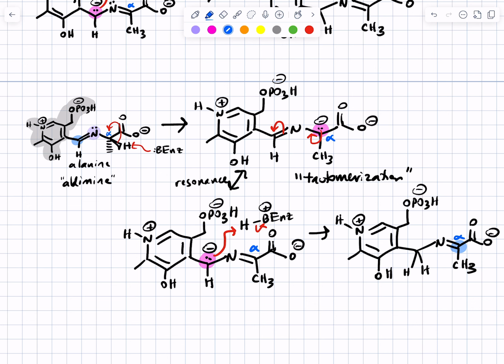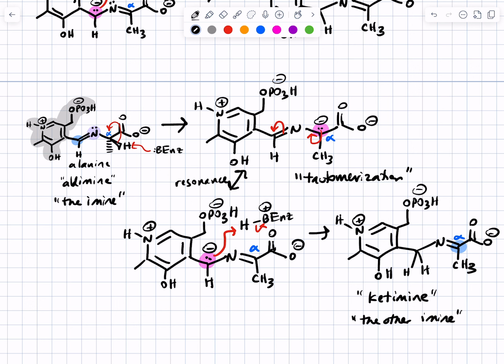So we're going to call that a ketimine, different from ketamine, the drug, because it's now on the other side. Or if you don't want to call it the ketimine, you can call it the other imine. Instead, you could call this one just the imine or the aldimine, and then the other one is called the ketimine or the other imine.